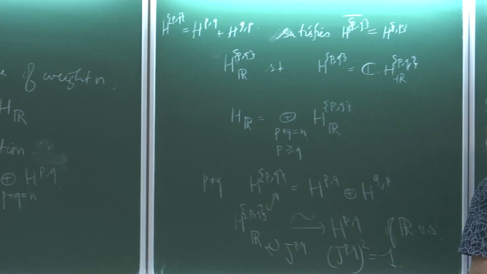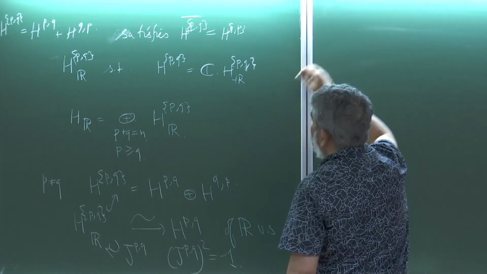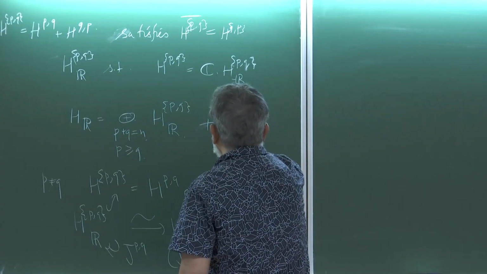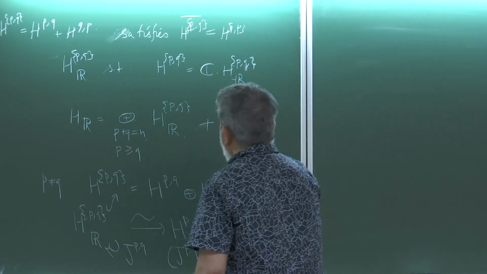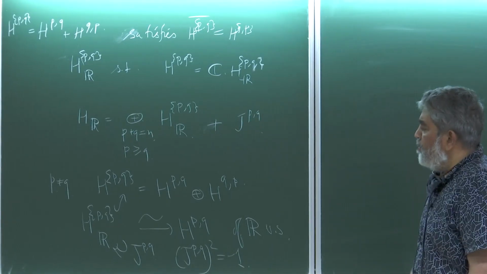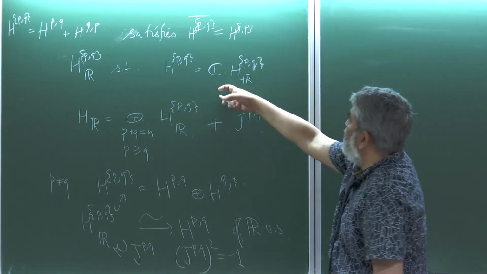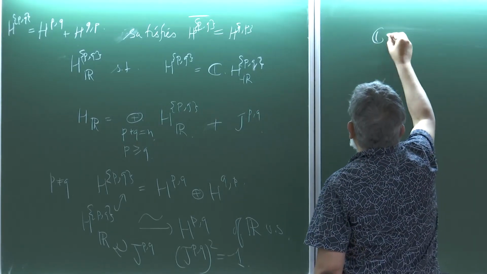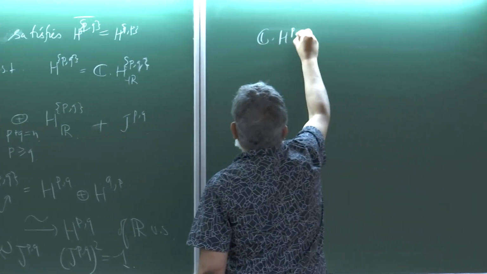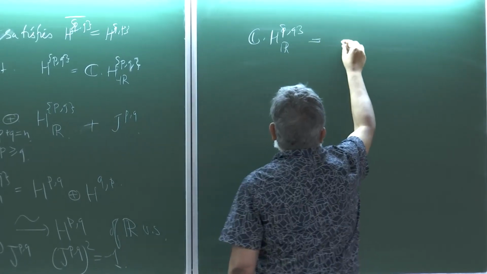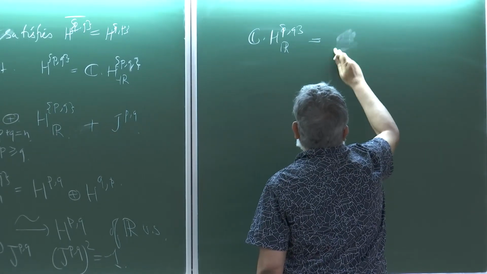So you can also say that a Hodge structure amounts to giving such a decomposition, this plus J^{PQ}, and then once I have this J^{PQ}, I can take this C tensor H^{PQ}_R and decompose it according to the J equal to i, J equal to -i eigenspaces, right?